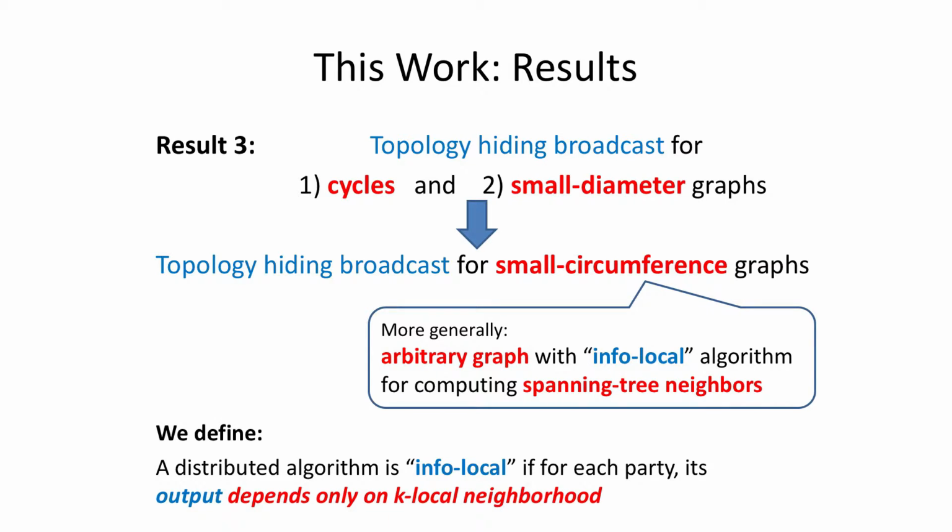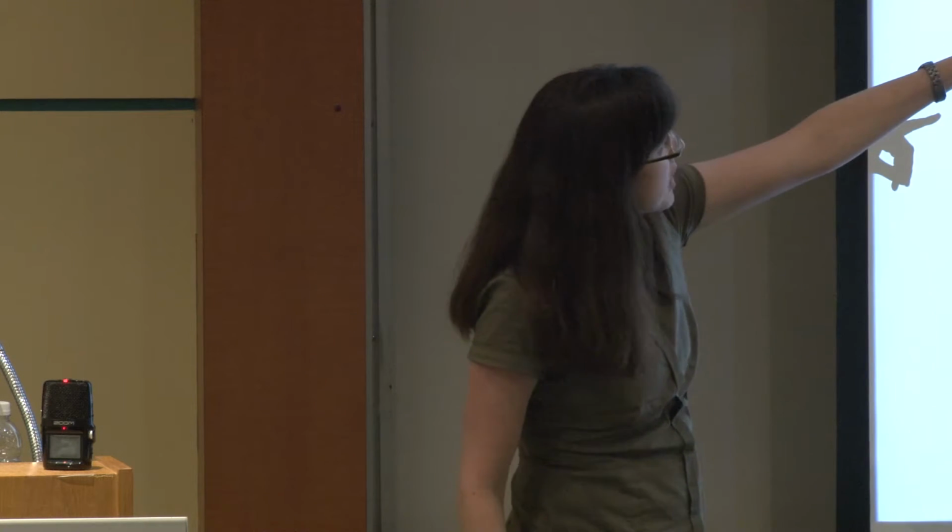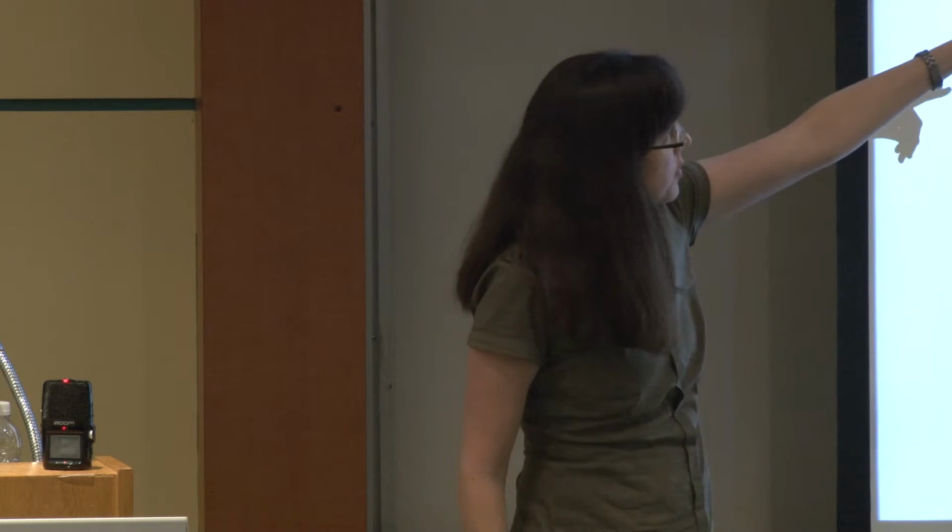And we want to do it by an info-local algorithm. That means that the output of each node depends only on its k-neighborhood, the nodes at distance at most k from it, where k is the same as we'd have for small circumference. If small circumference is logarithmic for us, then k again would be logarithmic.